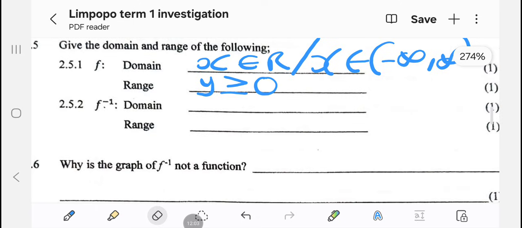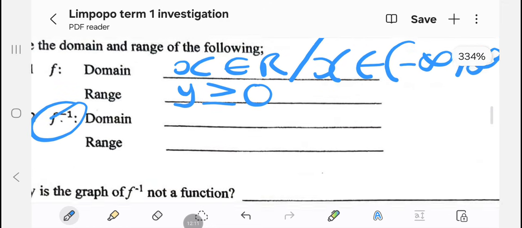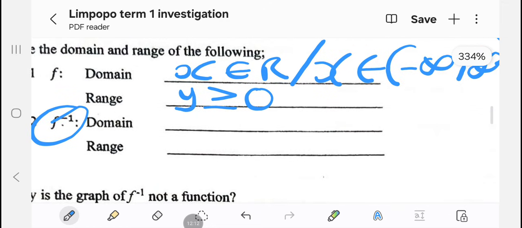Then the domain of the inverse. Now, the inverse, graphically, is not a function. So we have to restrict it. I will not write none, even though there is no domain for this inverse. I'll just write it as if we've restricted it, so that it has a domain.